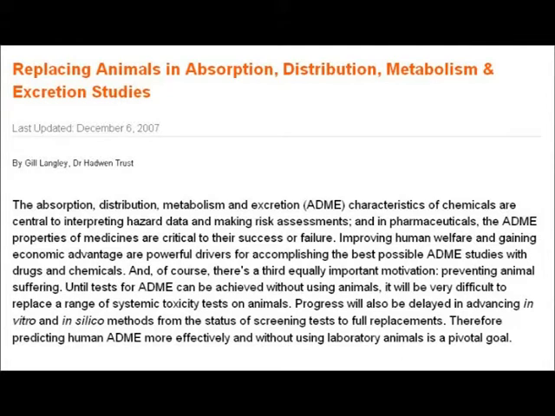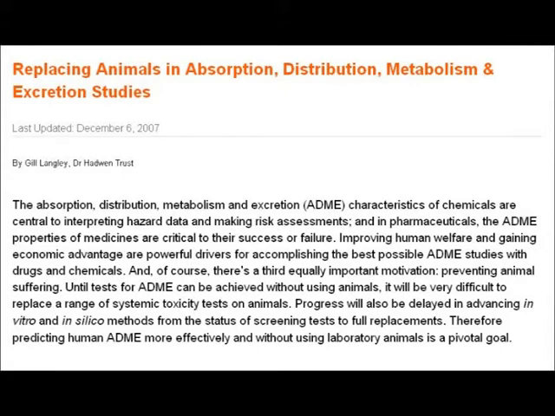And in pharmaceuticals, the ADMER properties of medicines are critical to their success or failure. Improving human welfare and gaining economic advantage are powerful drivers for accomplishing the best possible ADMER studies with drugs and chemicals. And of course there's a third equally important motivation, preventing animal suffering."